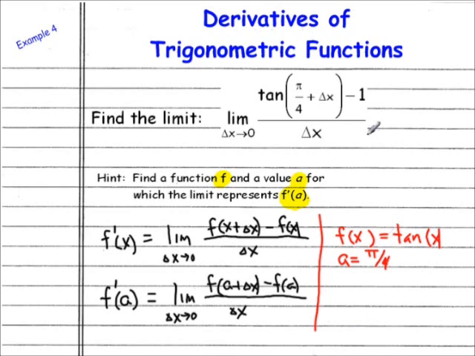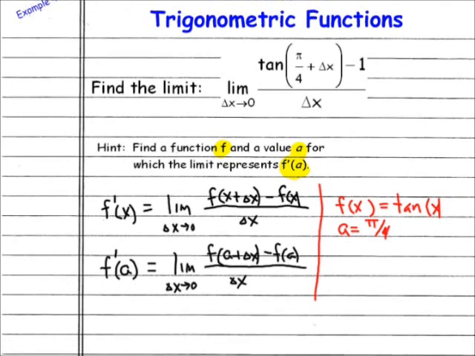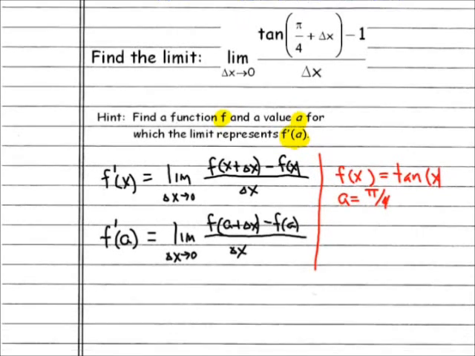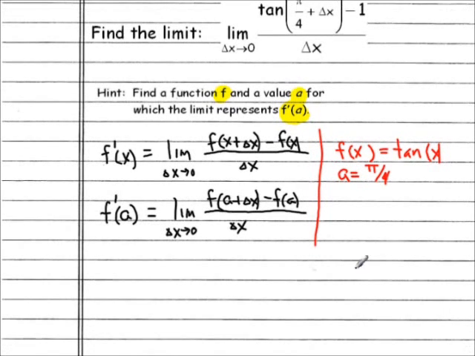Well, of course, we see that tangent would appear when we find this derivative. And in fact, let's kind of carry this forward. Let's see what would happen. The idea is that we want our function to be tangent of x.